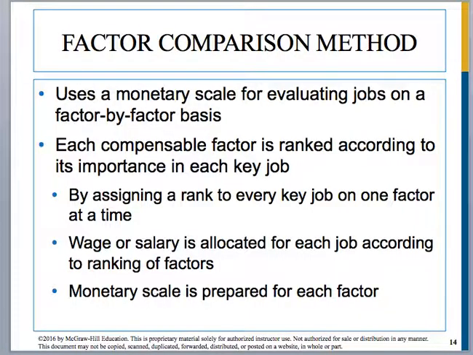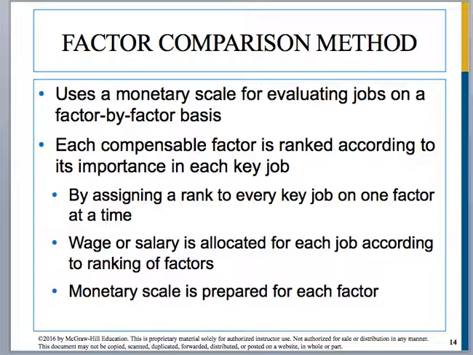So we look at the factor comparison method, which uses a monetary scale for evaluating jobs on a factor-by-factor basis. So it's using money. So it could be $100, $25 an hour, whatever. It's a monetary scale, and each compensable factor is ranked according to its importance in each particular job.